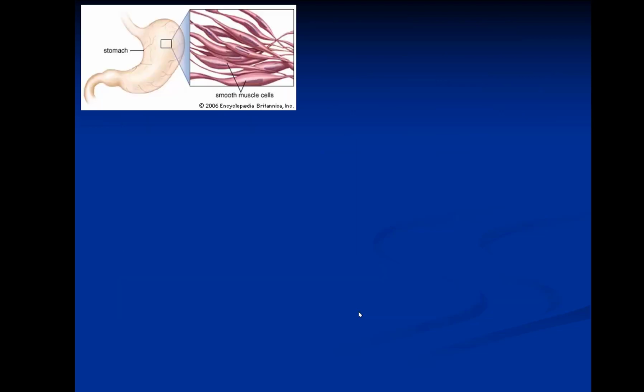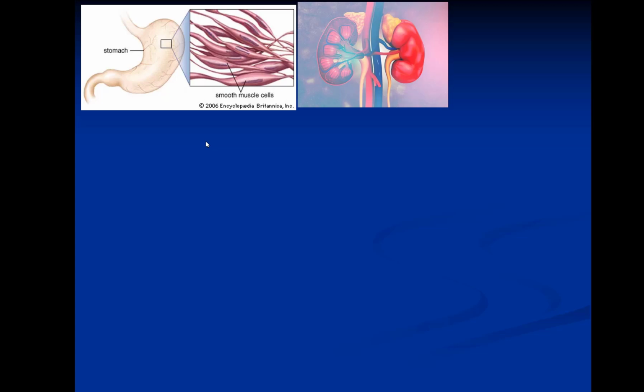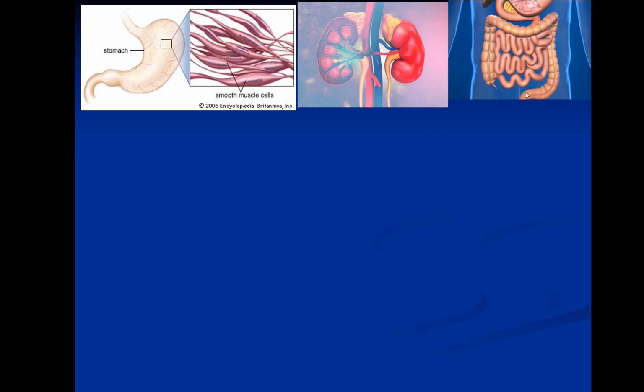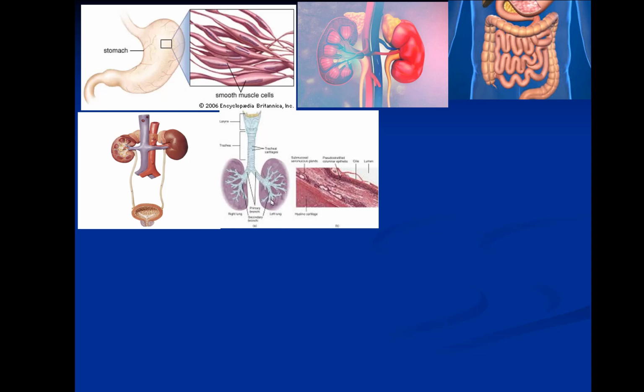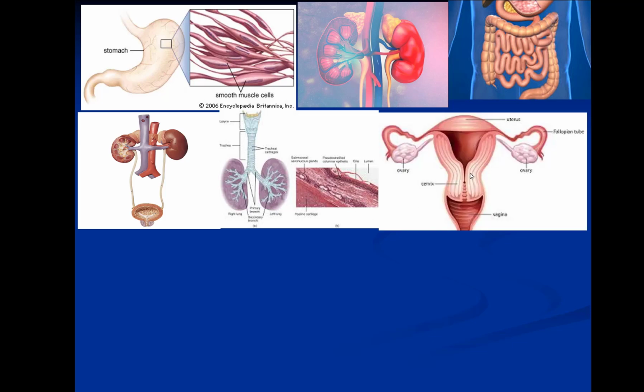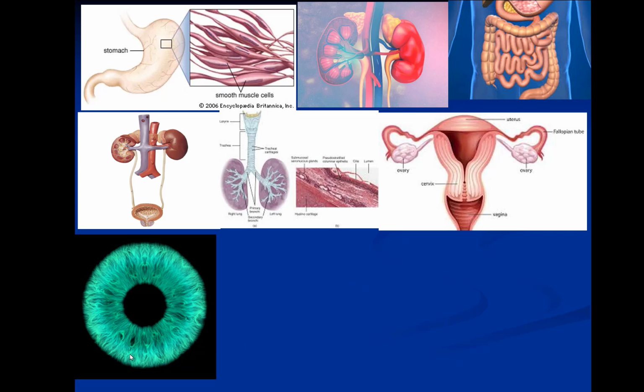So these are the different locations of smooth muscle. We have smooth muscle in the stomach, in the urinary tract, ureters and small intestine, in the urinary bladder, also in the respiratory tract, the trachea, bronchi and bronchioles, in the female reproductive organs, the uterus and fallopian tubes, and we also have smooth muscle in the iris of the eye, which contracts and dilates the pupil.